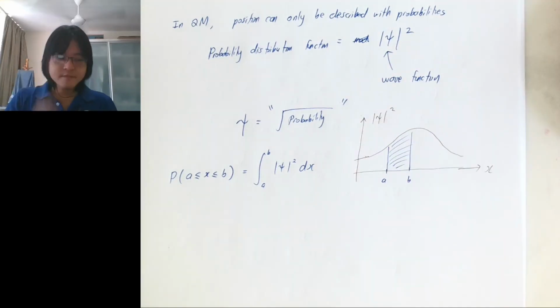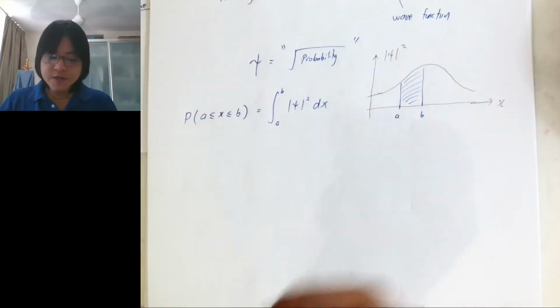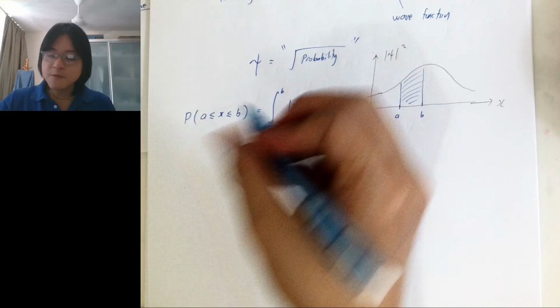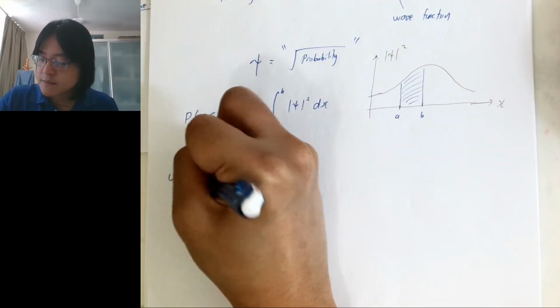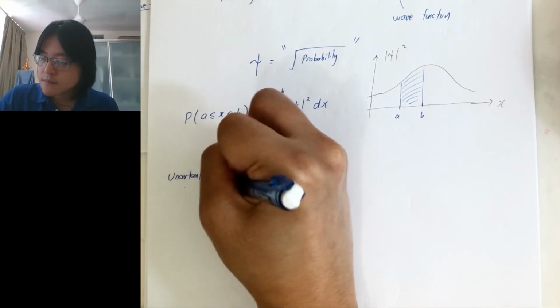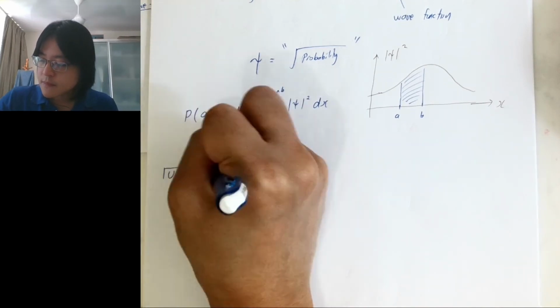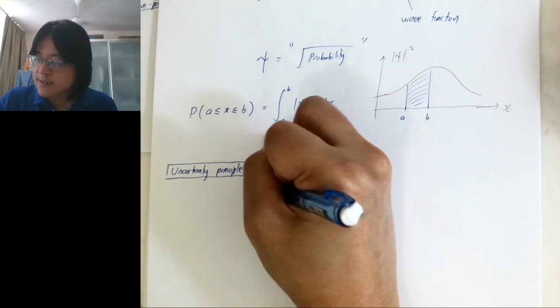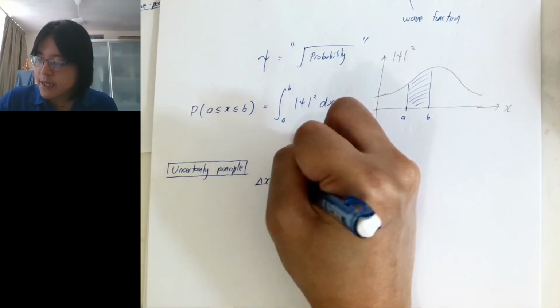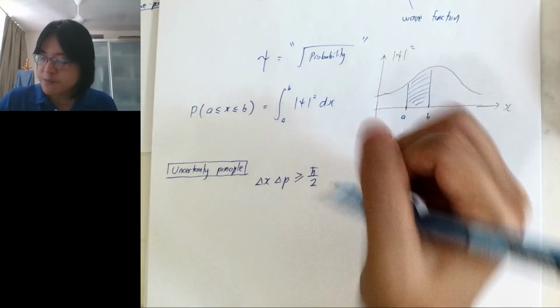Okay. So what's the next thing that you have been learning? What you have been learning previously was about the uncertainty principle, right? So the uncertainty principle says that the uncertainty in x times the uncertainty in p is greater than or equal to h bar over 2.